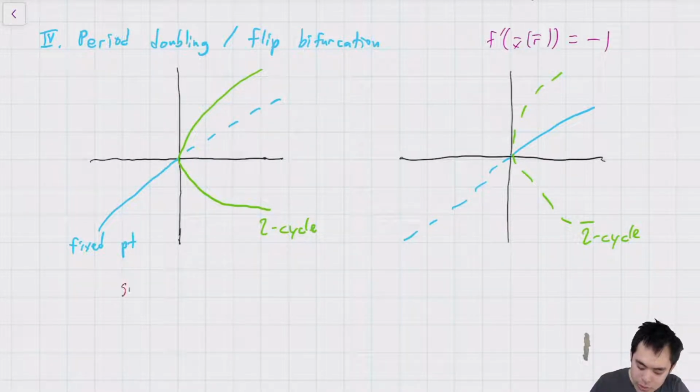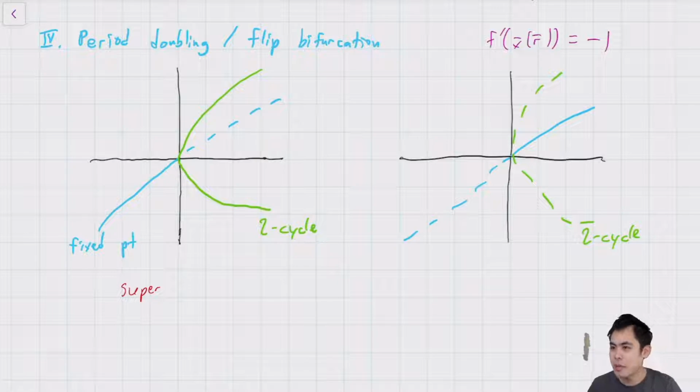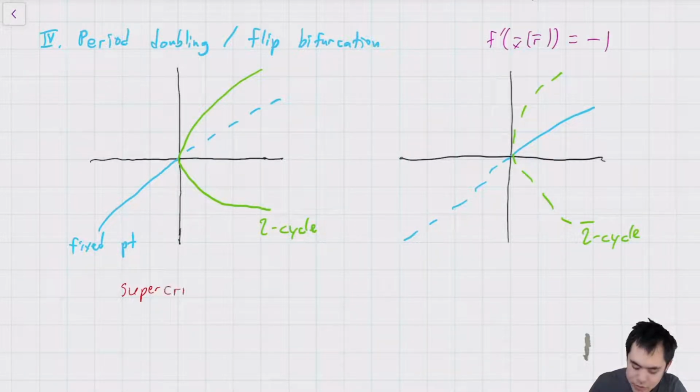And again, this is very similar in some sense to the pitchfork bifurcation, but it's different because instead of going from 1 equilibrium to 3 equilibria, it's going from a fixed point to a swapped stability fixed point and a 2 cycle. So this is supercritical, and this is subcritical.